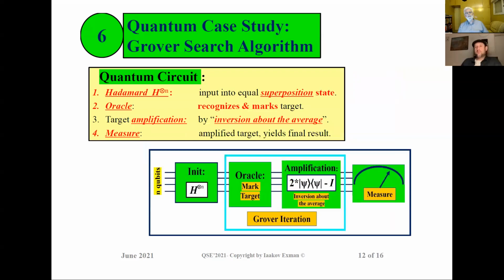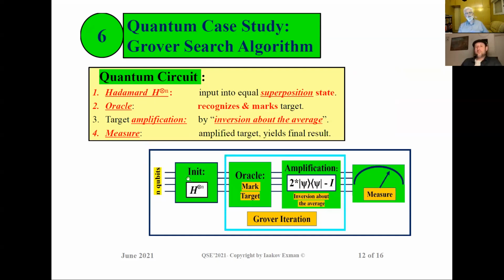The quantum case study is about the well-known Grover search algorithm. The quantum circuit for this algorithm is seen here. It has 4 boxes, each one containing the respective operator.